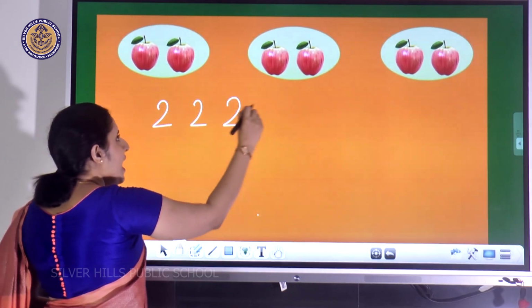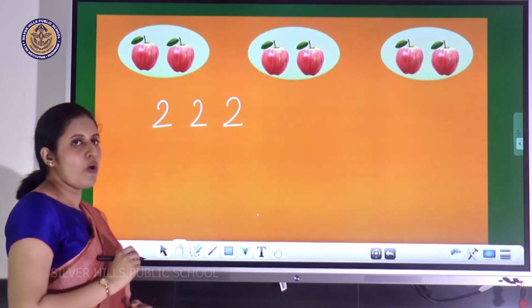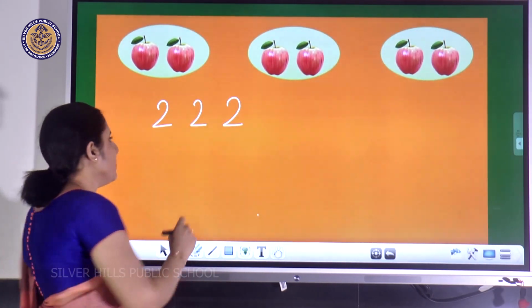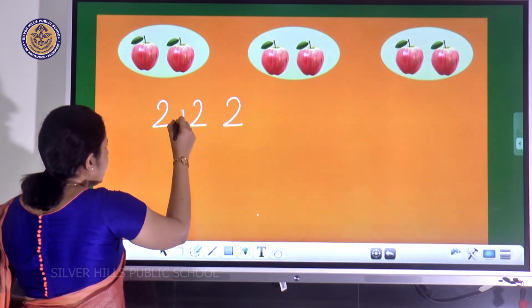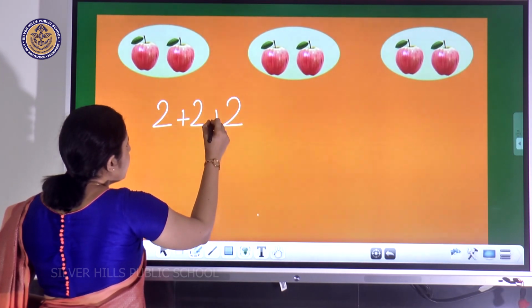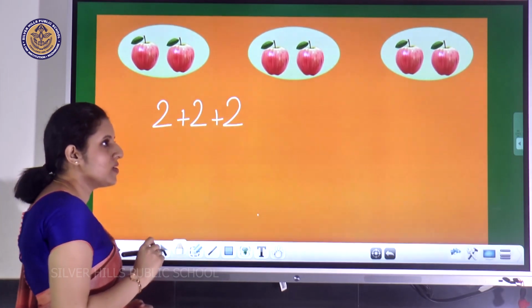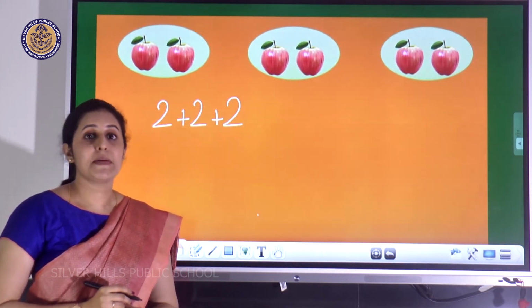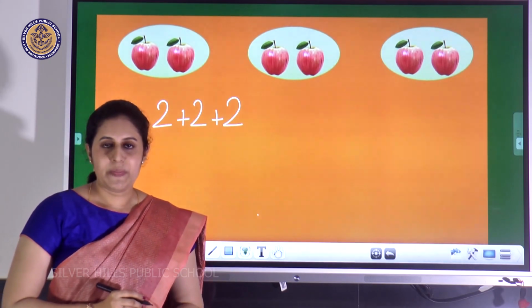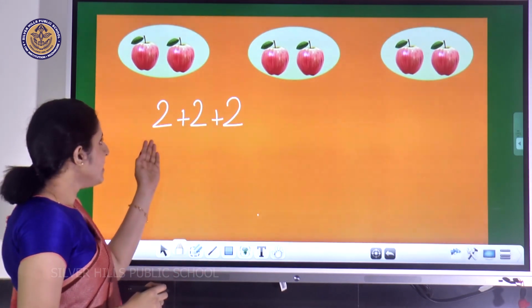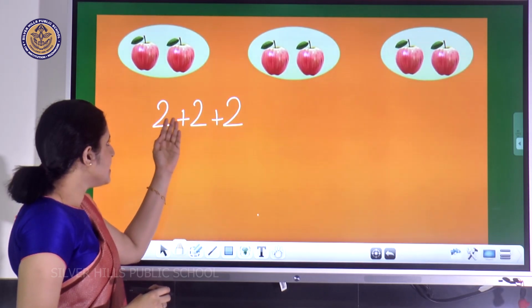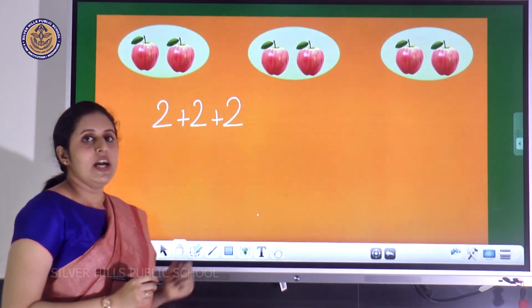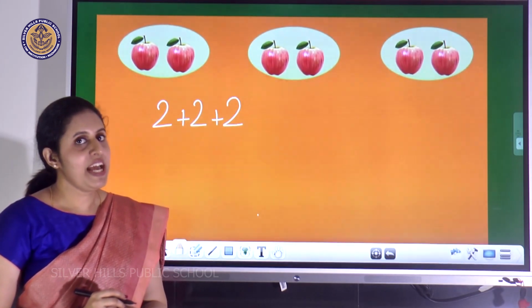So to see how many apples are there all together, you add them. Yes, 2 plus 2 plus 2. This is repeated addition. Children, this is repeated addition. So what is the answer for 2 plus 2 plus 2? You have learned skip counting, haven't you?